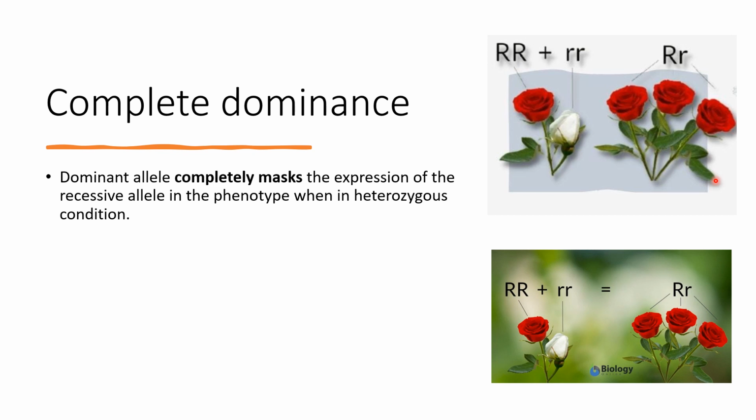Then let's go to the recessive allele. The recessive allele, when in a heterozygous condition, is not expressed. That's why here you can see that we have the recessive allele, but you don't have any white flower, because they are all in a heterozygous condition. So always in a heterozygous condition, the dominant allele is the one that is going to be expressed in the phenotype. There's no negotiation. The dominant allele is going to be the one in the phenotype, no negotiation, okay?